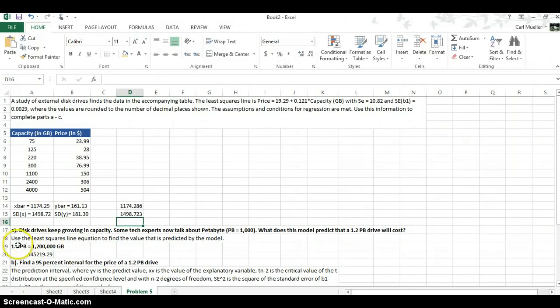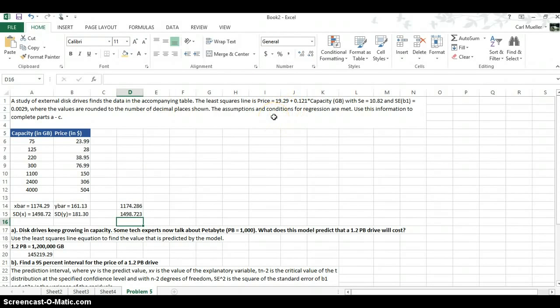So 1.2 petabytes equals 1.2 million gigabytes. That is a key thing, just in terms of the verbiage, converting it in a sense. So how do we do this? Well, essentially, we are just inputting this conversion into our equation up here, 19.29 plus 0.121 times the capacity.